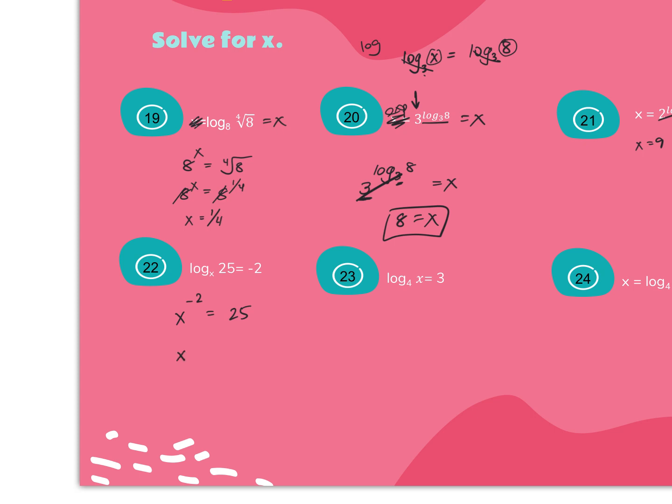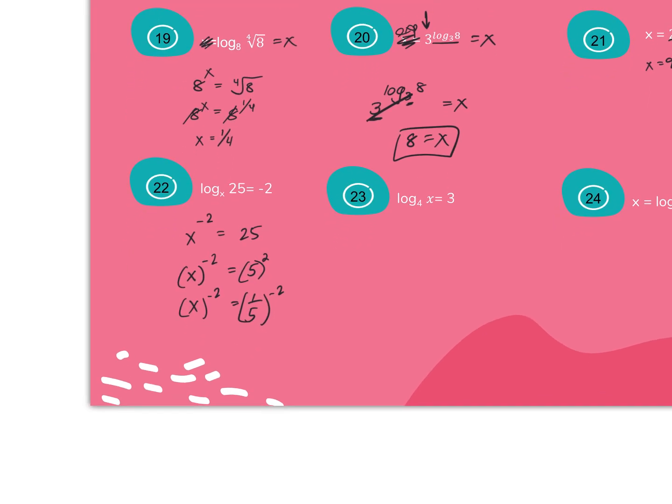So x to the negative 2 power, and over here, I know that 25 is 5 to the positive 2 power, right? So how can I make it a negative 2 power? Let's see, x to the negative 2 power. And I could do this 1 over 5 to the negative 2 power. And so I know that x equals 1/5.